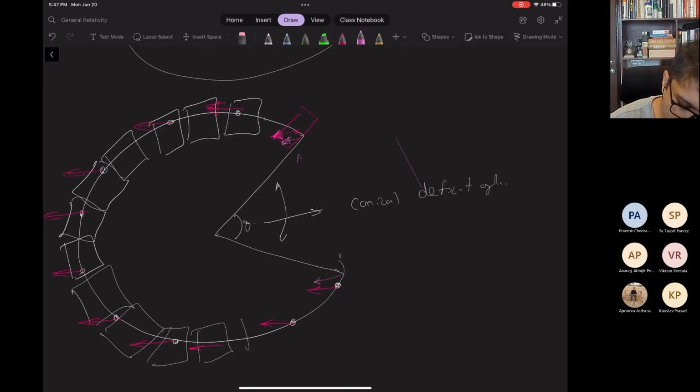And when I glue these together, these tangent vectors are not pointing in the same direction. So when I glue it together like this, this tangent vector will actually be rotated by an angle theta relative to this original tangent vector.